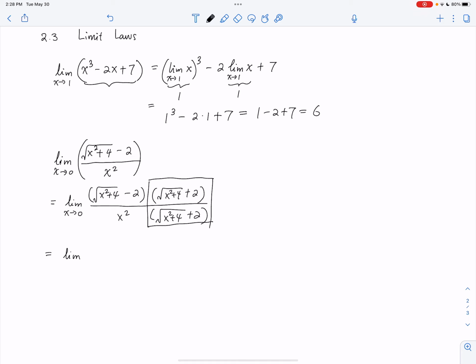But if you do that, the numerator will become x squared plus 4 minus 2 squared. We use the identity a minus b times a plus b is equal to a squared minus b squared. Now on the bottom you have x squared times the square root of x squared plus 4, plus 2.